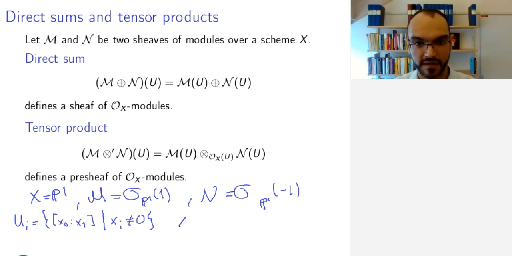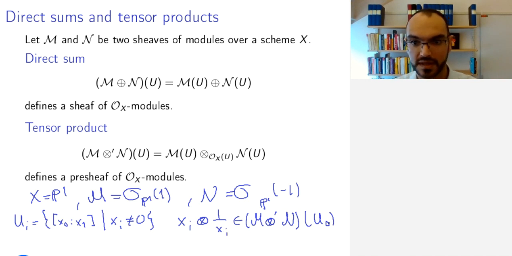So I have x0 tensor 1 over x0. This belongs to the tensor pre-sheaf of U0. And I can define x1 tensor 1 over x1 on U1. And these two agree on the overlap.